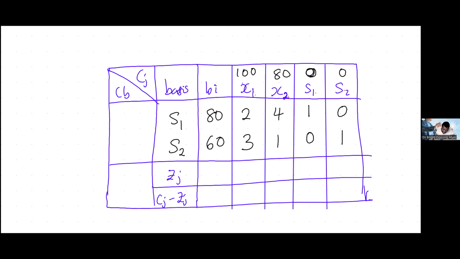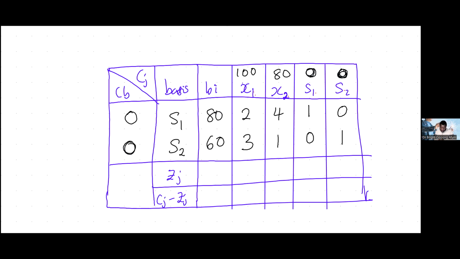So that 0 becomes the coefficient of the basic variable, right? And the coefficient of S2 is also 0, and that also becomes the coefficient of the basic variable for S2, right? So this is how we fill the table.